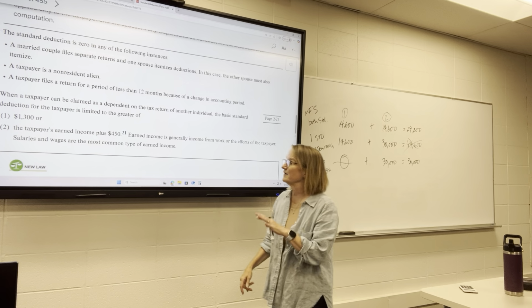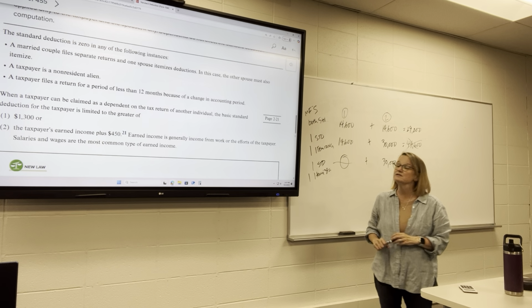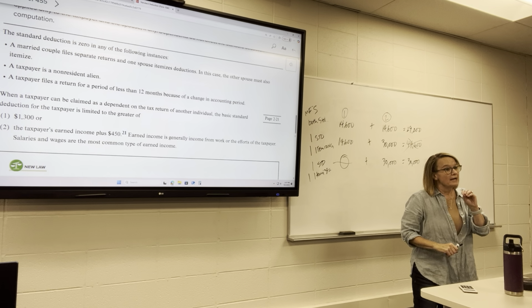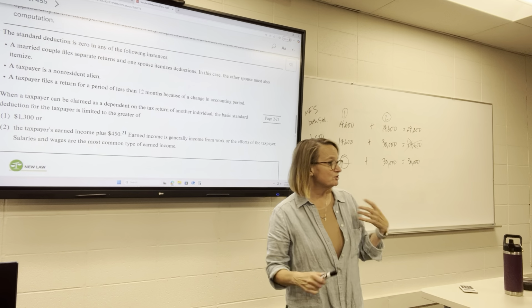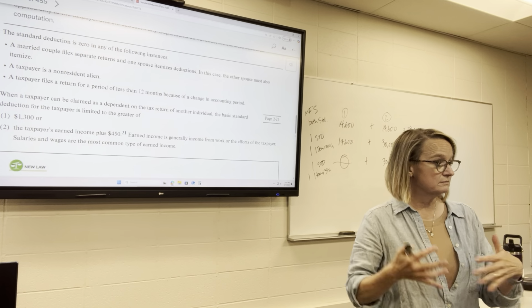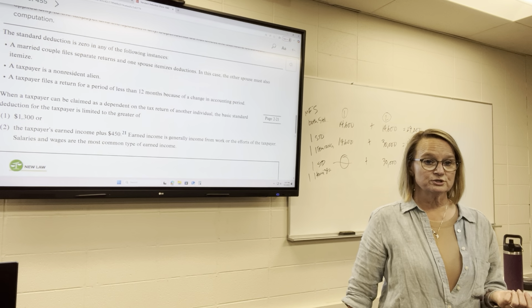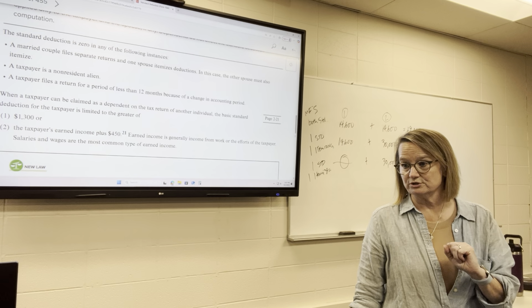When a taxpayer can be claimed as a dependent on the return of another individual. So it's entirely possible, and happens all the time, where you have a child who is a dependent, like they're still a dependent on their parents' tax return, but they made enough money that they have to file their own tax return as well.